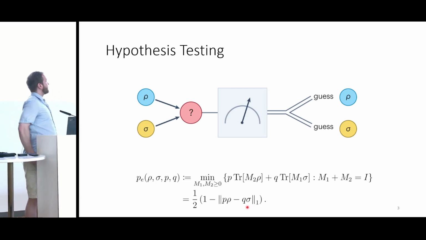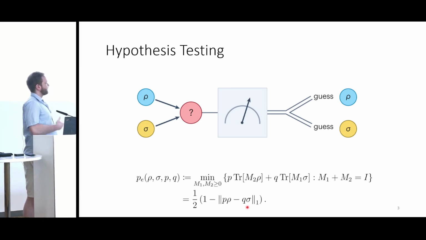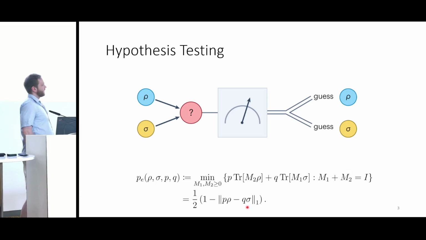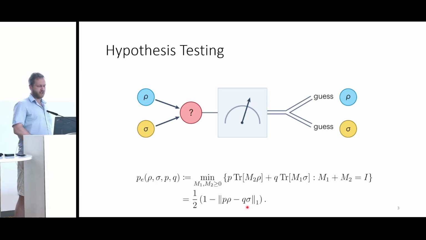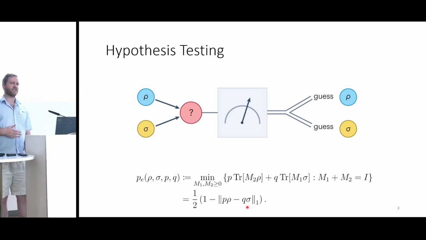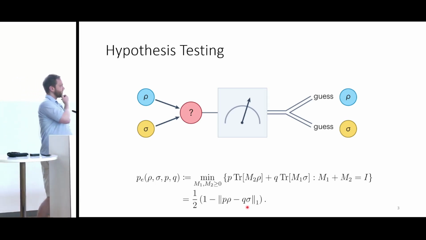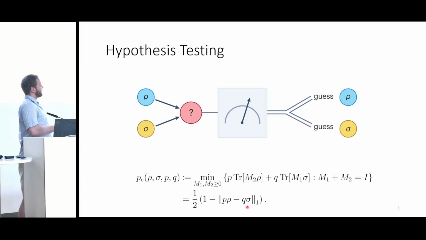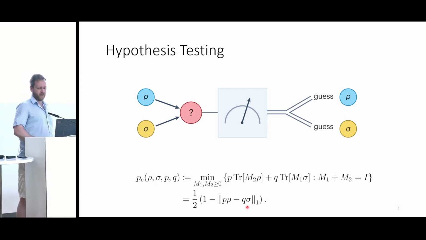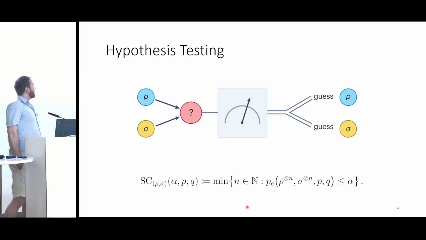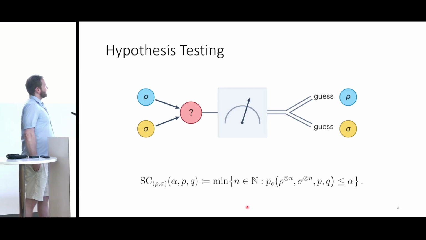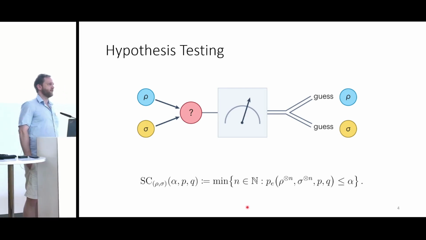Now we want to look at the setting a bit more. What we do a bit differently is that we are not just interested in the decay of this error, but more in the relationship between the number of copies needed to achieve a certain error. This is usually looked at in terms of the sample complexity of hypothesis testing.